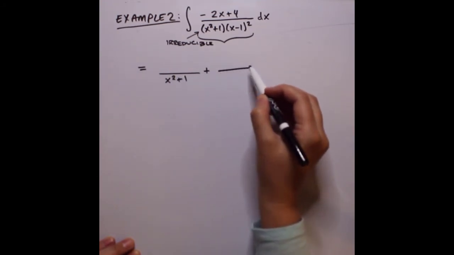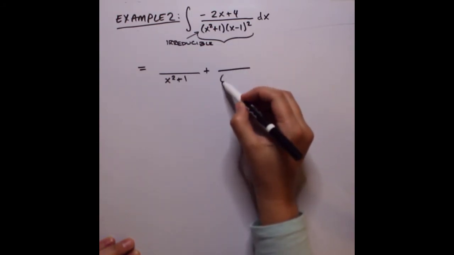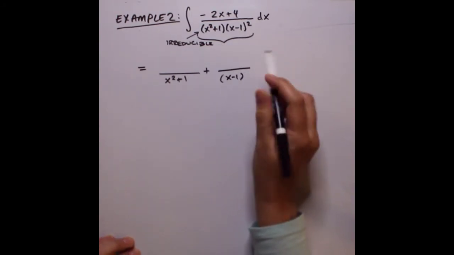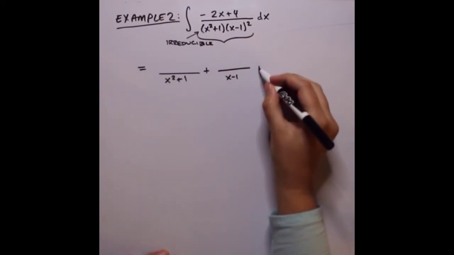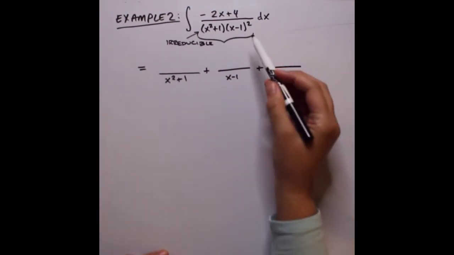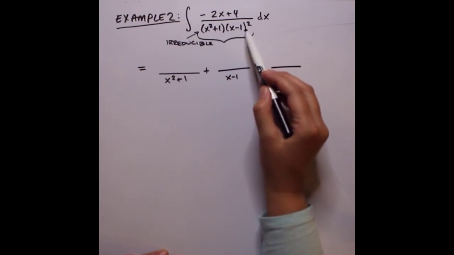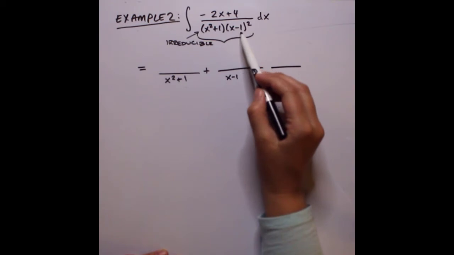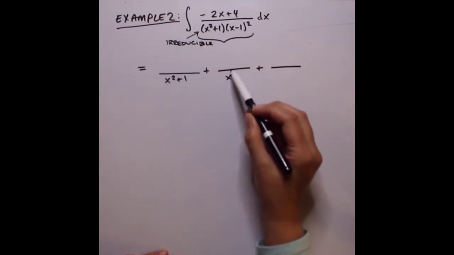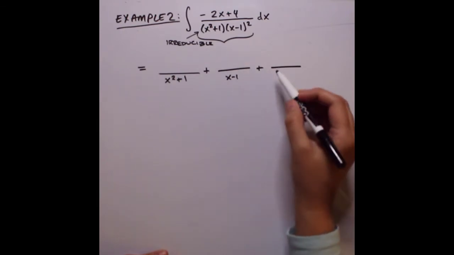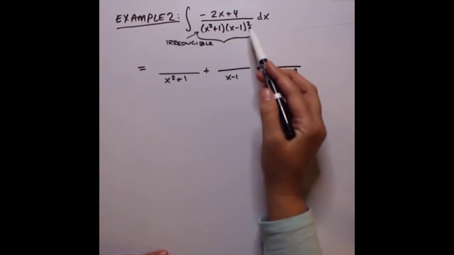Now the next term is going to have the next factor in it from the denominator, x minus 1. Actually, we don't need the parentheses there necessarily. But then we do need a third term here because we have this linear factor squared. Whenever you have a factor repeated, as we talked about in a previous video, you have to write it in the denominator once, and then you keep going until you've addressed how many times you have it.